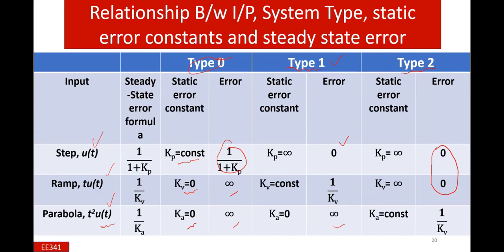And in a reverse way, if some information is given in terms of some constant values, then we can guess what type of system it is, what type of input we can apply on these systems to run error free, and what about the stability and so on.